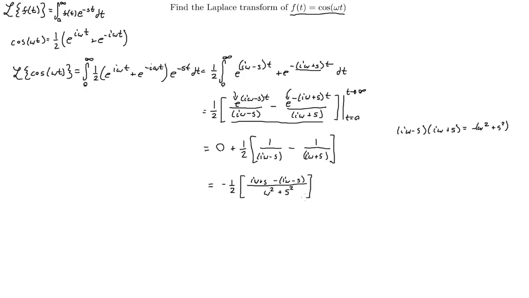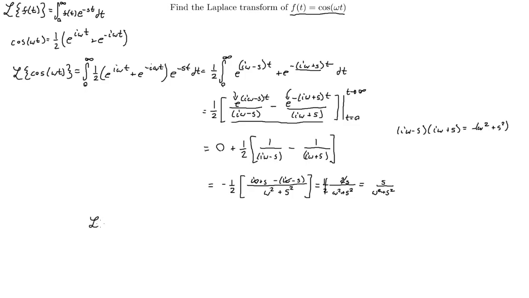So basically this time the i omegas cancel out, and we get 2s over omega squared plus s squared times 1 half, right? But the 1 half will cancel out with the 2, and so we'll just have s over omega squared plus s squared, right? And that's basically our answer.